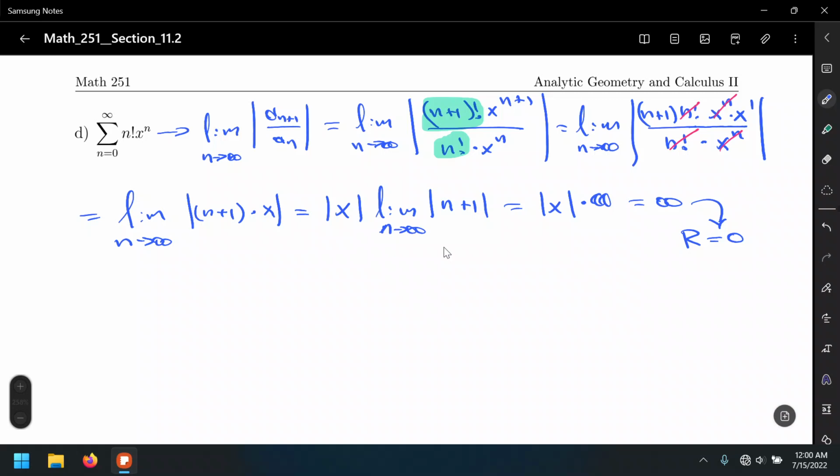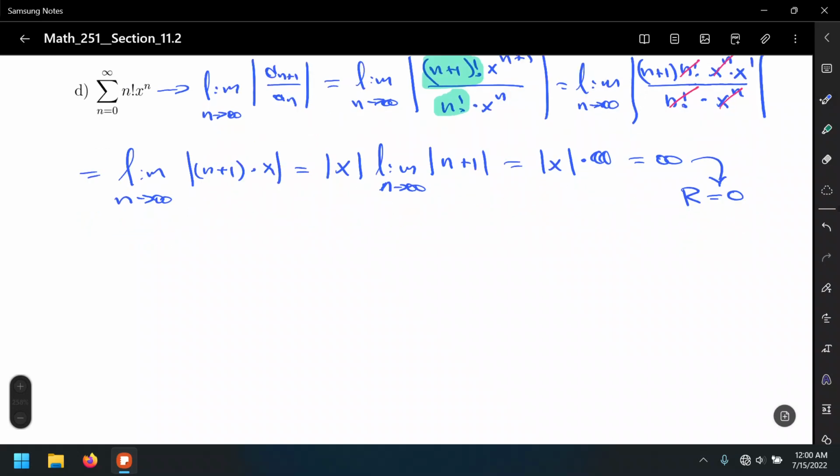You can only remain at your center, like the series converges only at its center, at x equals 0.